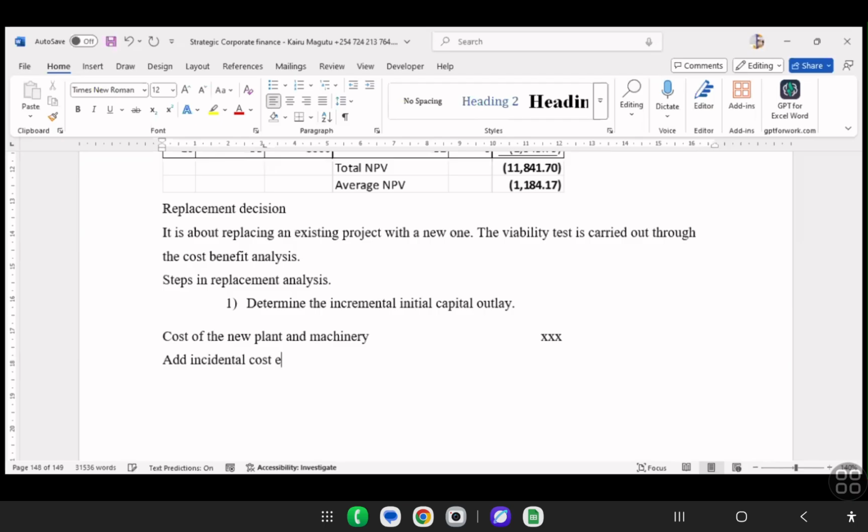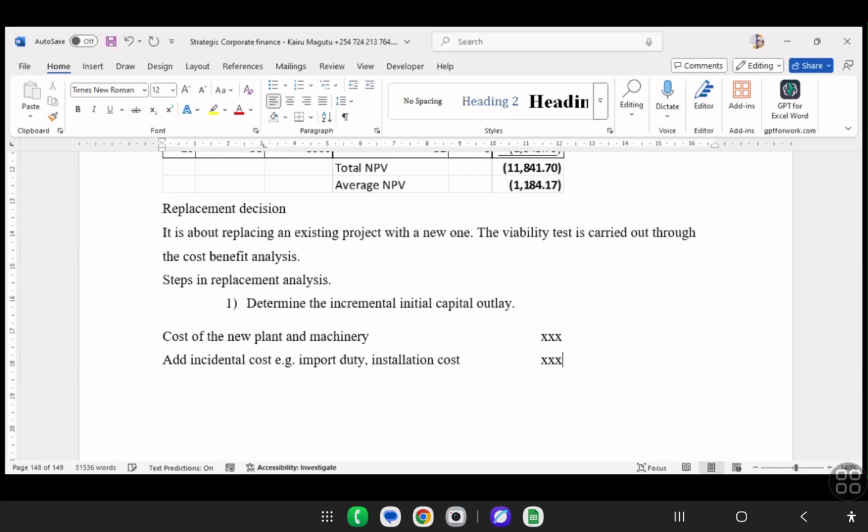The incidental costs are the costs that are incurred when we are acquiring a new machine, e.g., import duty. You can have something like installation costs. You can have freight costs, the insurance in transit.